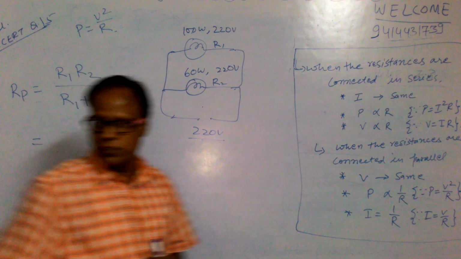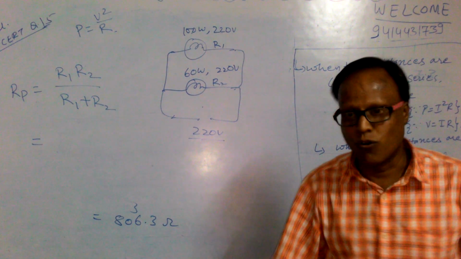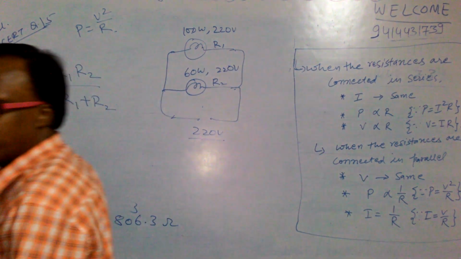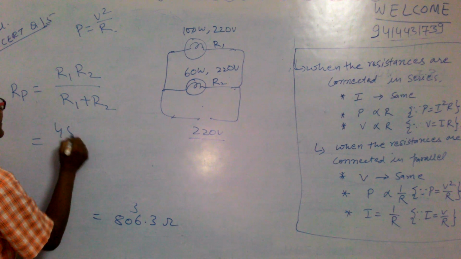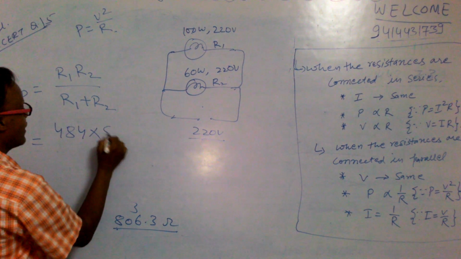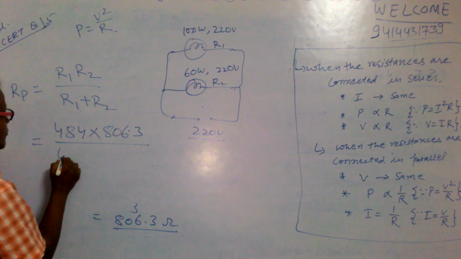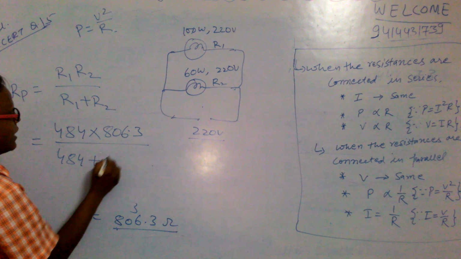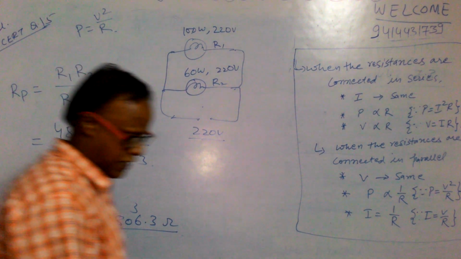The value of R1 is 484 ohm, into R2 which is 806.3, upon 484 plus 806.3. Please calculate it.